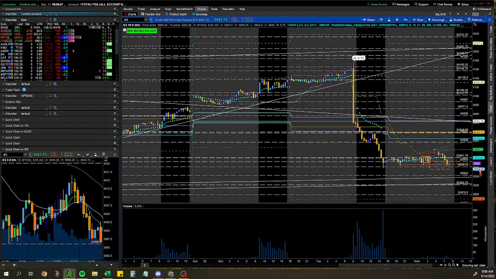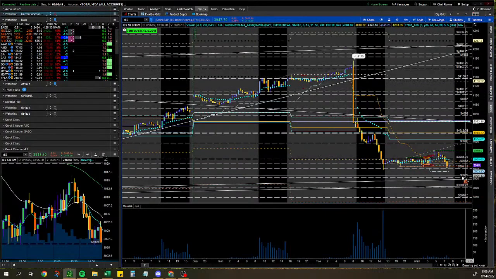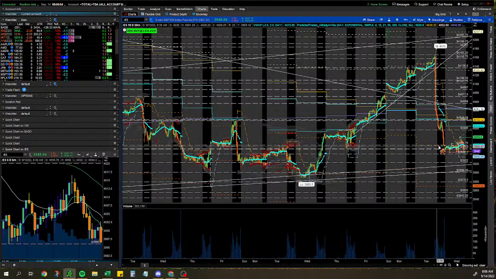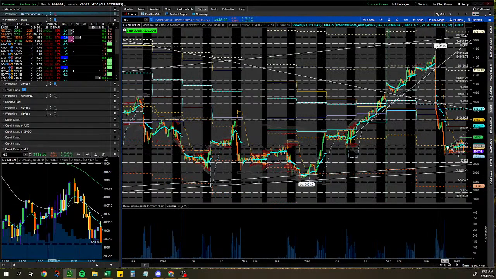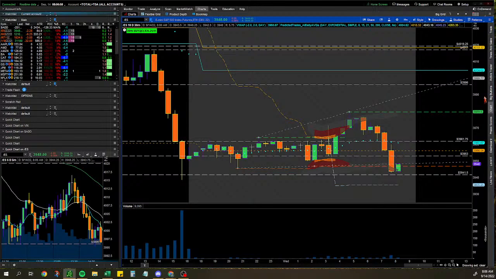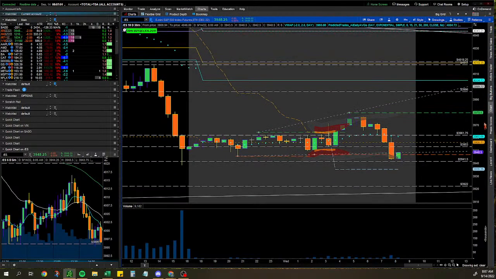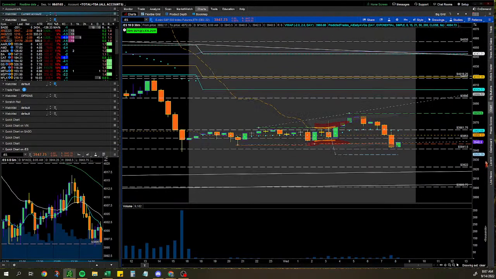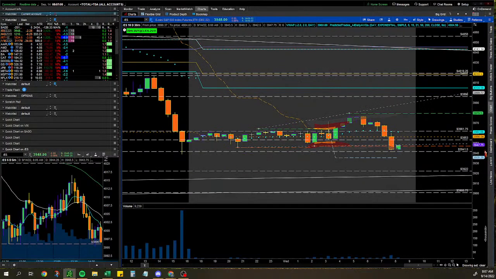But for today, let's try to zoom in here a little better. Not loving any zoom, but after you have a big drop like that, this is what you get to deal with.